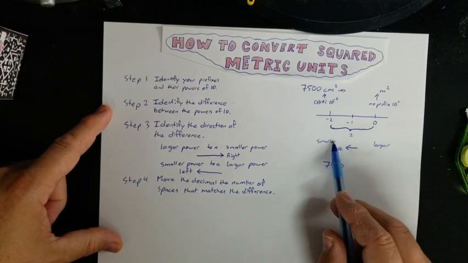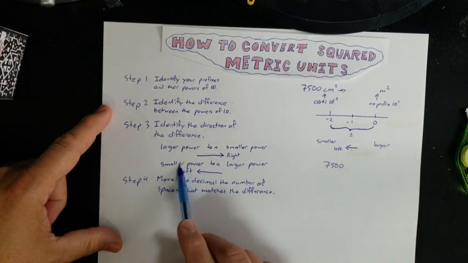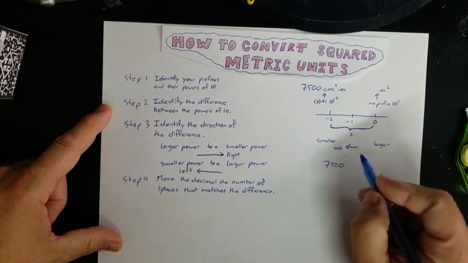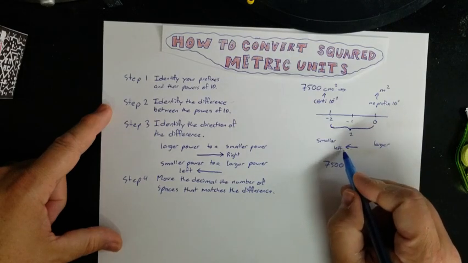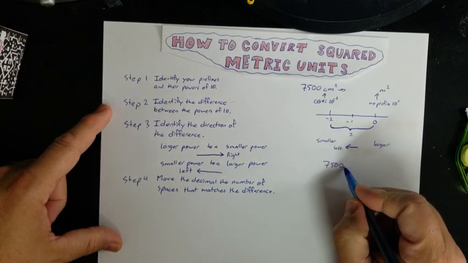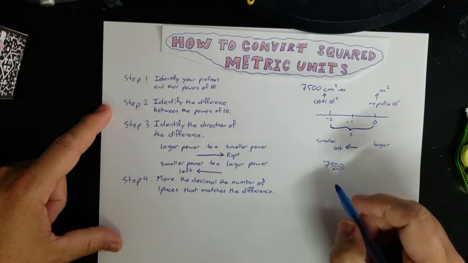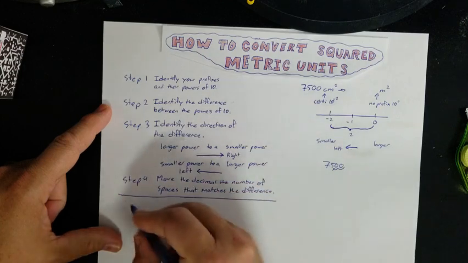For us, we are going from smaller to larger. Smaller power to a larger power means we're moving to the left. So we're going to go to the left here, and our difference was 2. 1, 2. Now that's what we would normally do. Normally this is where we would end.